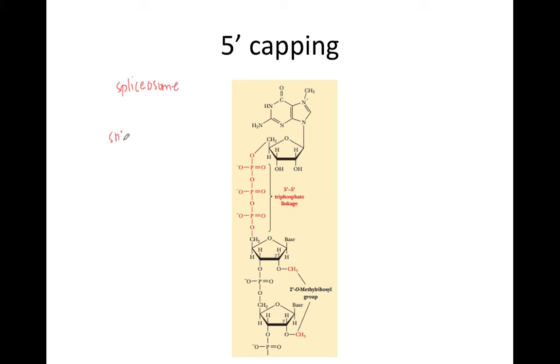You have your SNRPs or snRNPs, which mean small nuclear ribonucleoprotein. I'm sorry for my very bad handwriting, which is a combination of your snRNA plus a protein component. Okay?